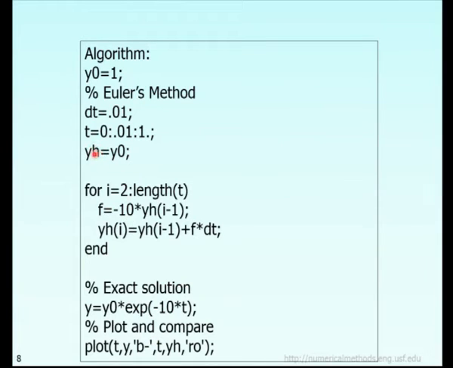Okay. So, y naught is 1, and for i from second onwards to the length of t, the length of the interval 0 to 1, we are computing the right hand function, and the approximate solution y at the ith point, and finally, we are plotting that.